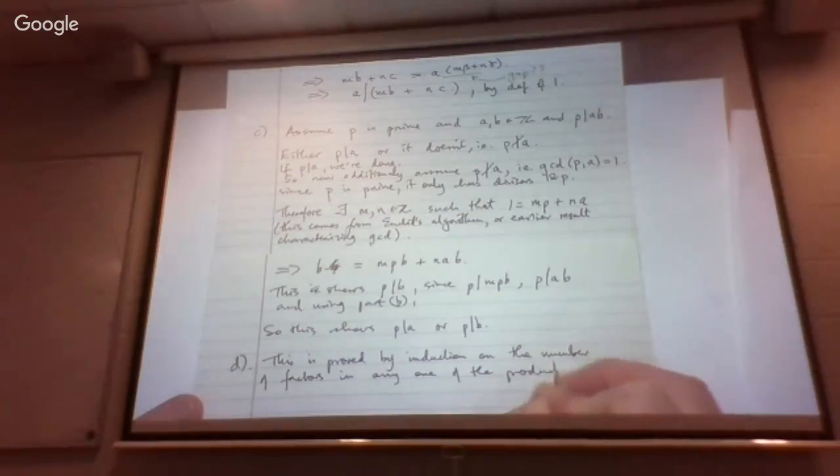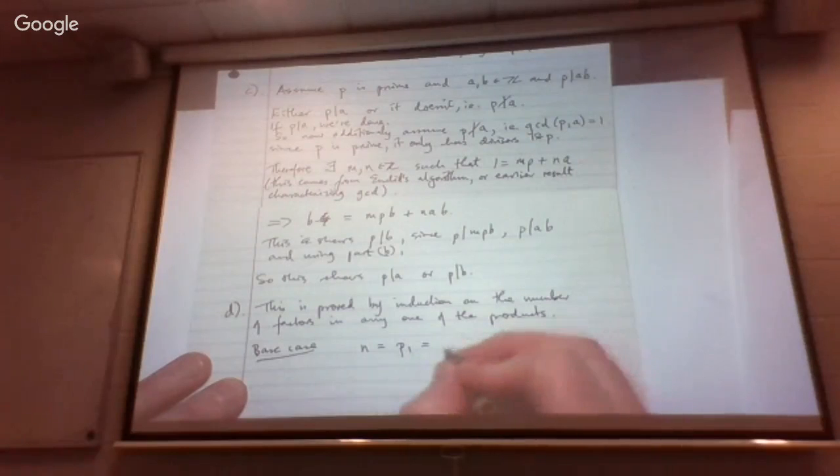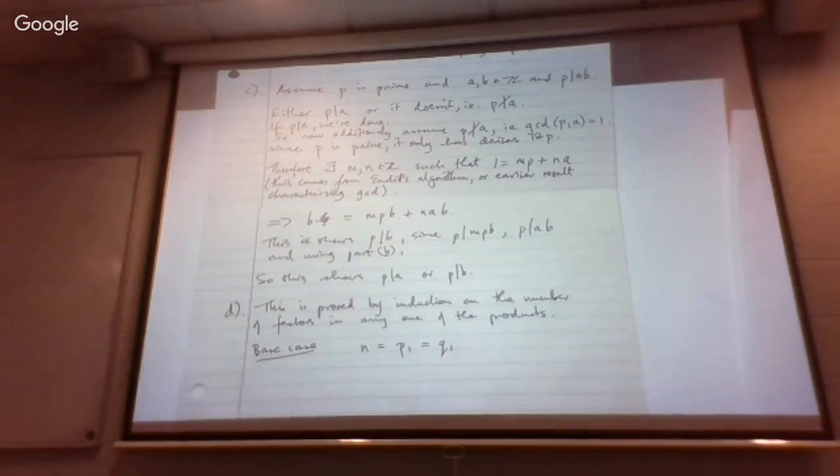The products of p's and the q's could potentially be different. So the base case is n equal to 1 prime, which is also equal to 1 prime p, which is equal to 1 prime q. Well, there's nothing to prove.